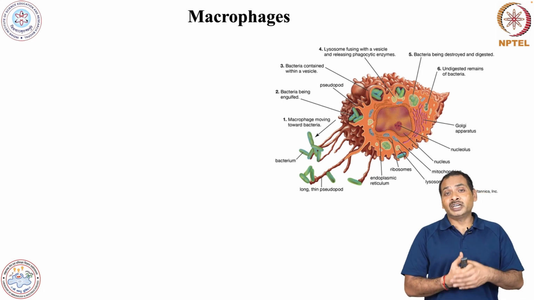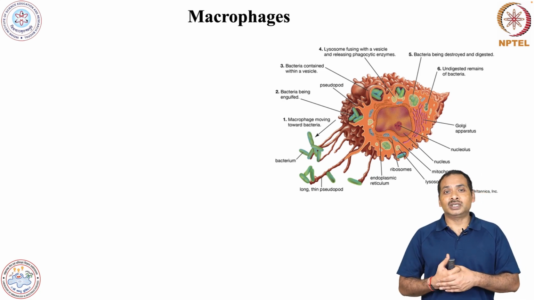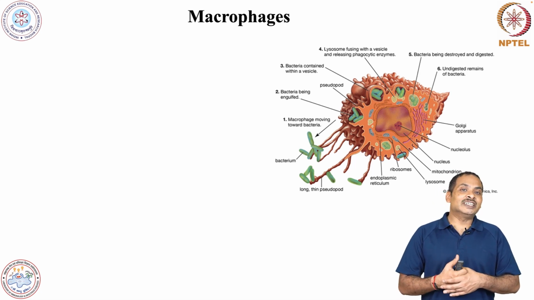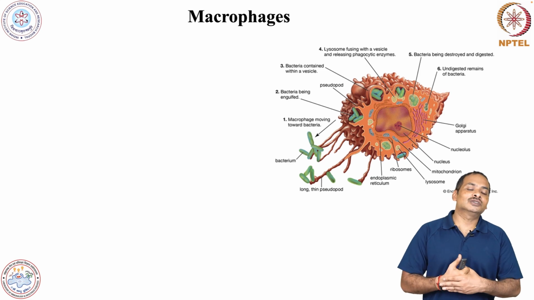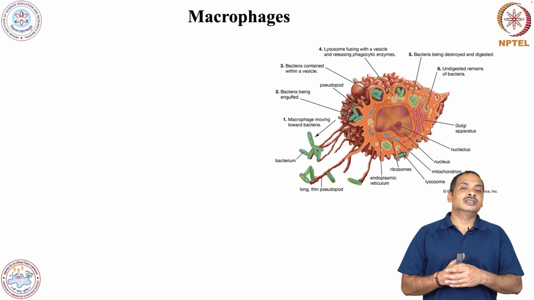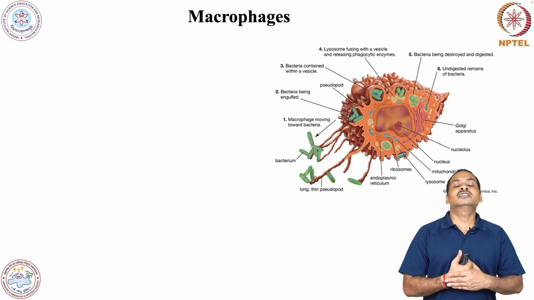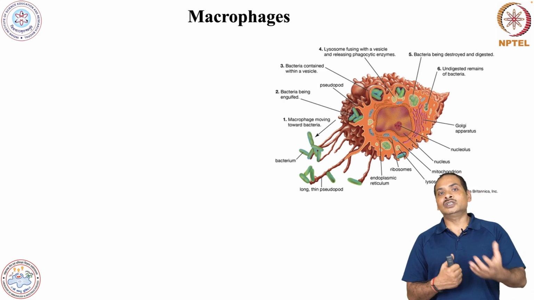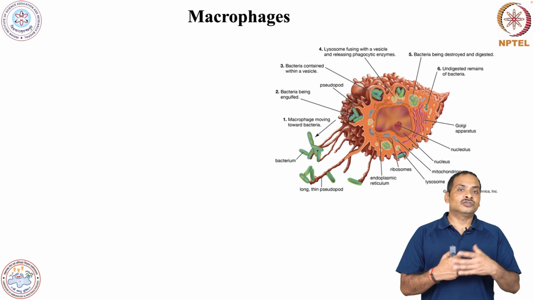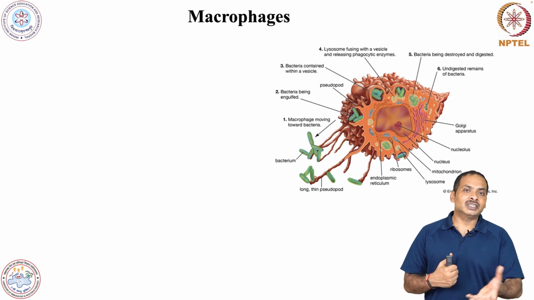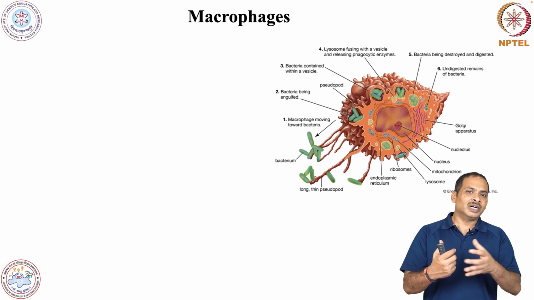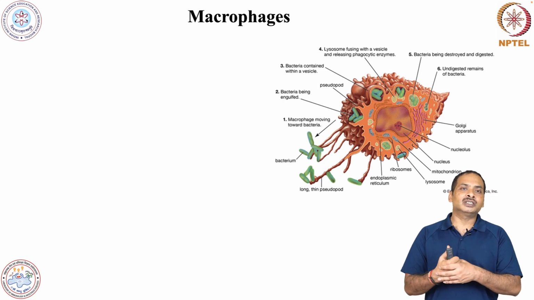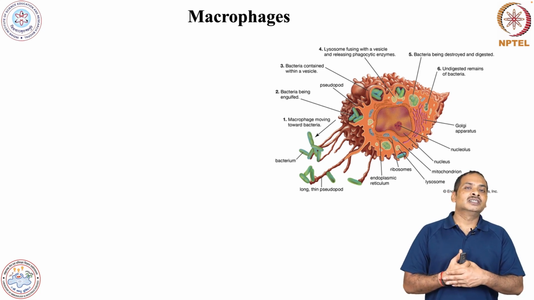After clustering of these receptors, there will be activation of a downstream signaling pathway, which rearranges the cytoskeleton, and this rearranged cytoskeleton causes invagination in the macrophage, and eventually the pathogen is taken up as a particle. This means the pathogen will be present in a membrane bound structure.